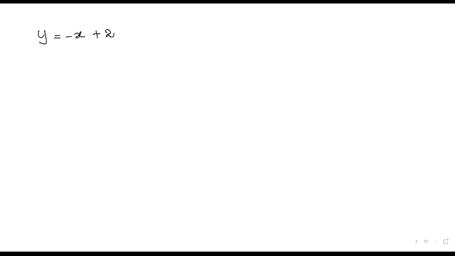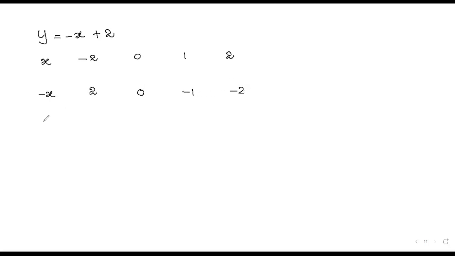And the x values they have taken are negative 2, 0, 1, 2. So then you want to get the negative x value. That becomes positive 2, 0, negative 1, and negative 2.